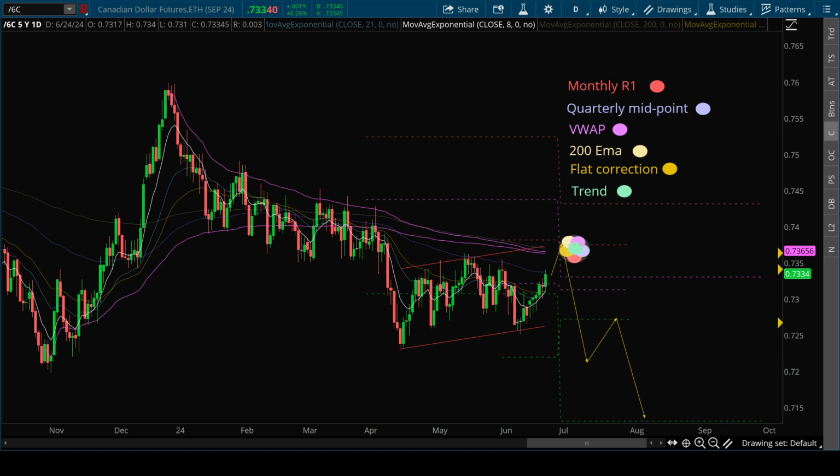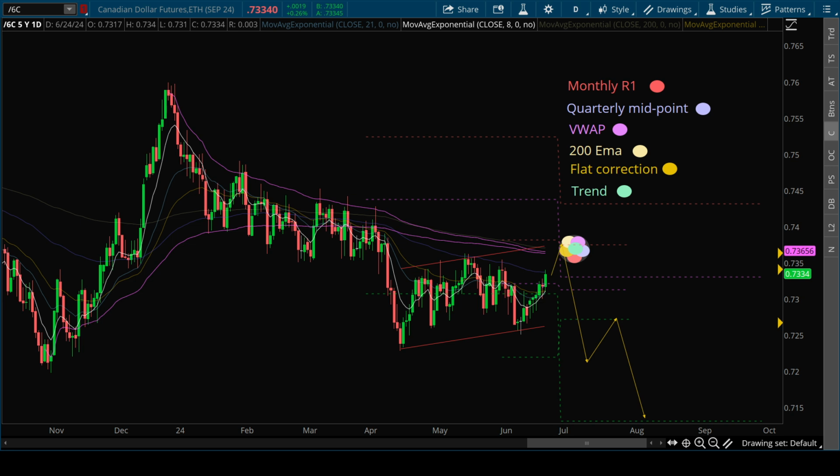And we have trend on our side. We have EMA trend, VWAP trend, and there is a very good chance that if we come down to the daily 200 on USD CAD, you are catching the low of the quarter, and it is going to be extremely hard to bust through this level on the daily chart on Canadian dollar futures.